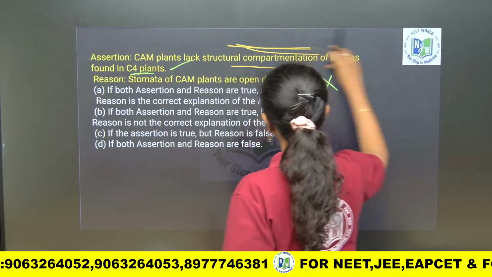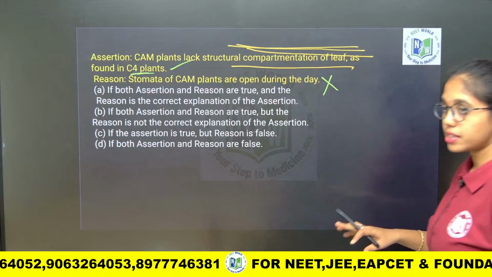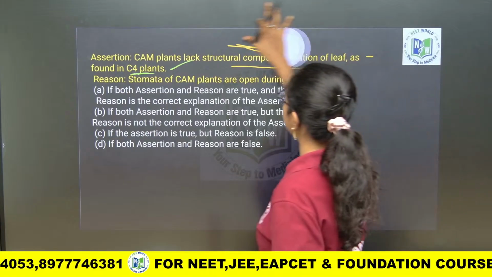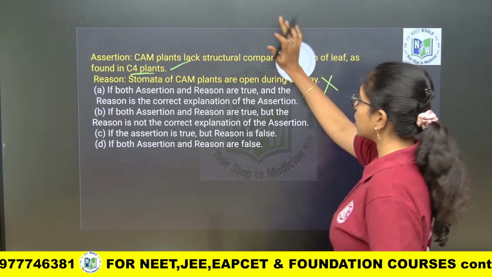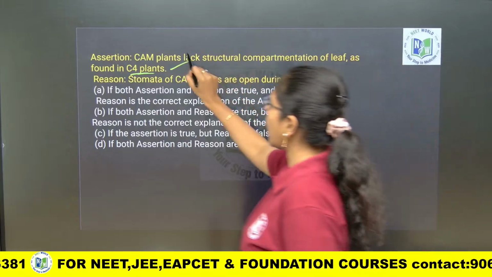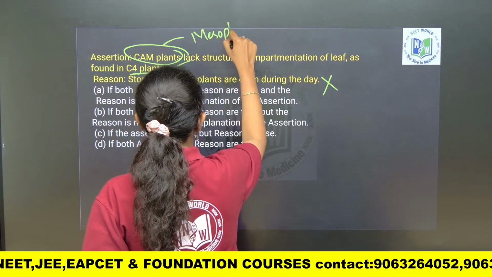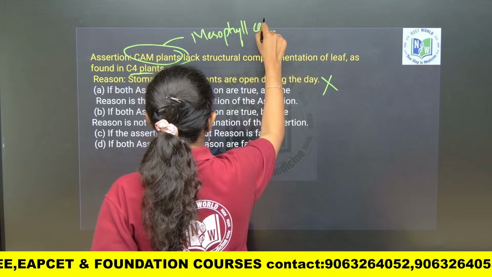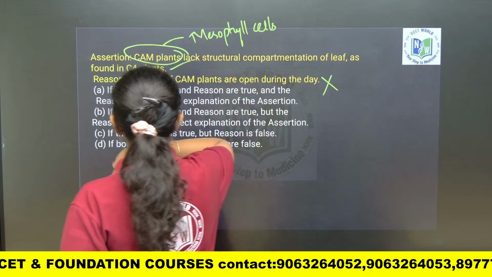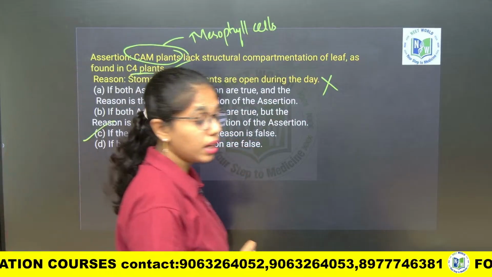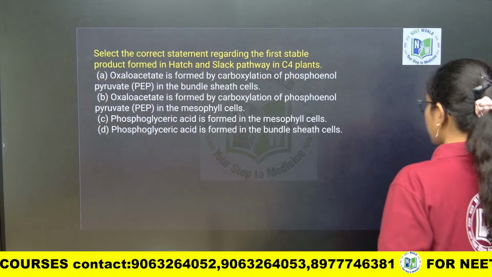And there is no structural compartmentation as you see in C4 plants, like mesophyll cells and bundle sheath cells. Here everything occurs in the mesophyll cells only in CAM plants. Clear? So assertion is true and reason is false. Option C will be the correct answer. Next.